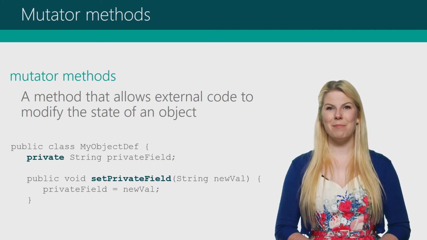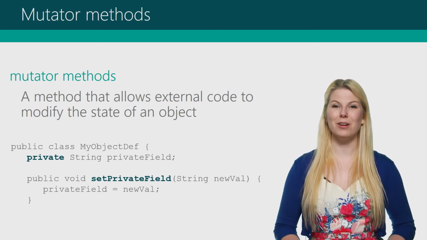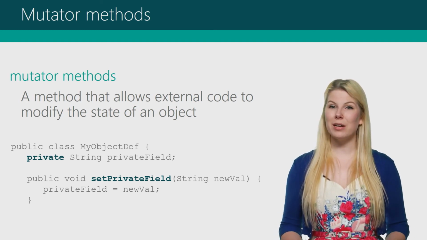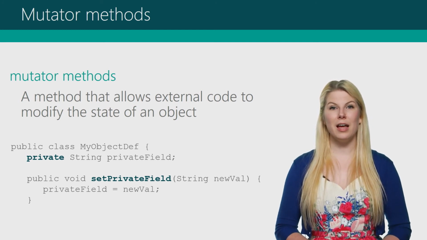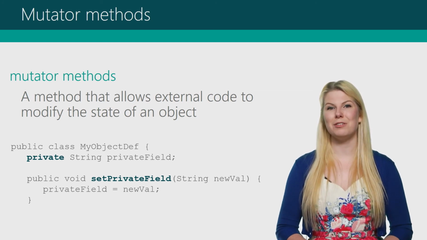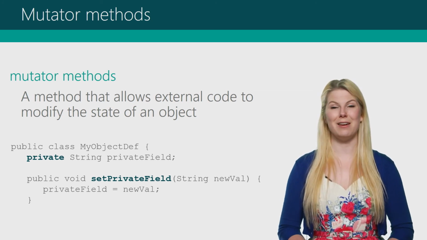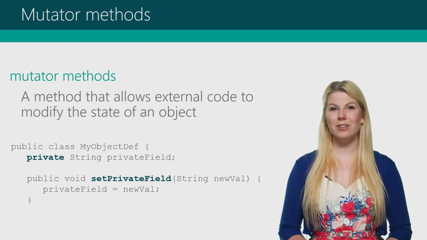Now, this is a pretty simple mutator method and essentially gives your user all the power in the world. But maybe you want to throw an exception if they pass in a bad value, or maybe you want to make sure that they only pass in string values. This is limiting what your user can directly do and preventing them from getting in a bad state. Because these often change the value of a field, they're called setter methods.